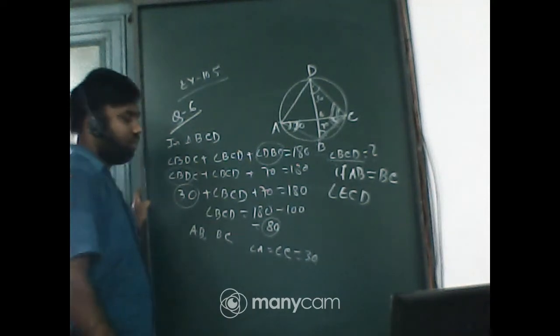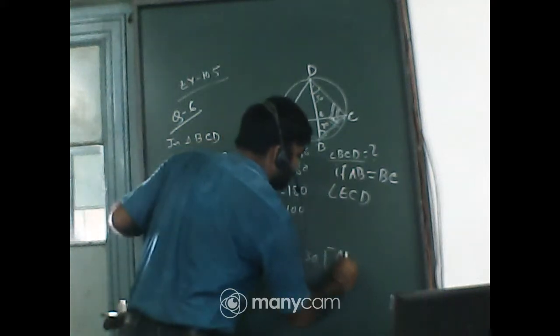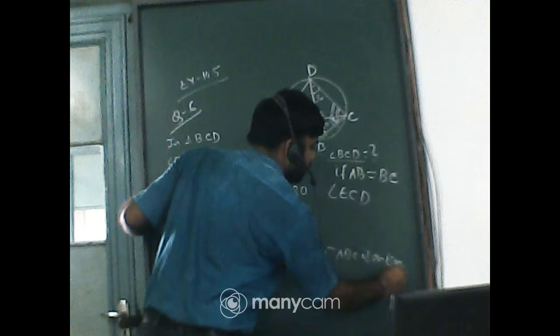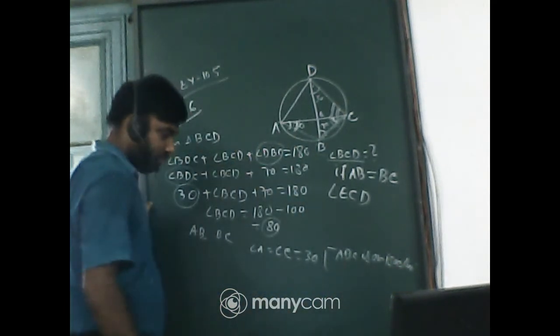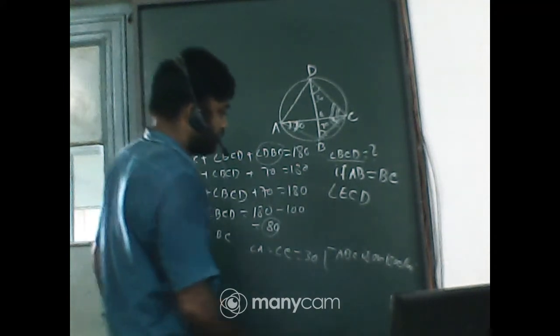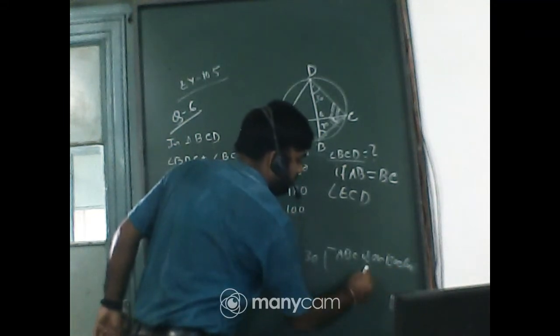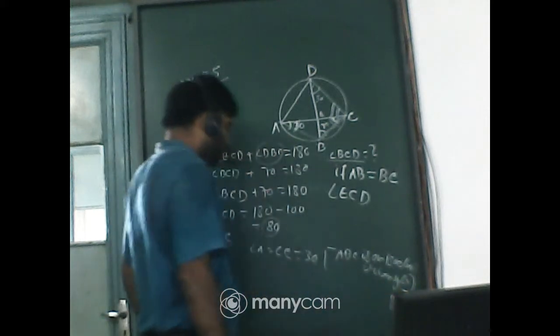In the bracket you can also write that ABC is an isosceles triangle. So that is the proof.